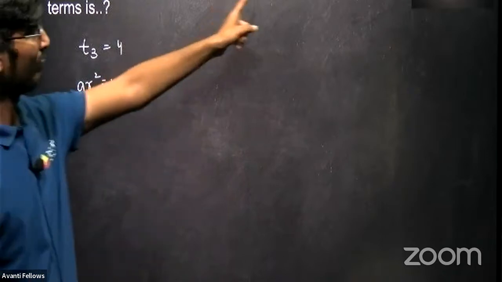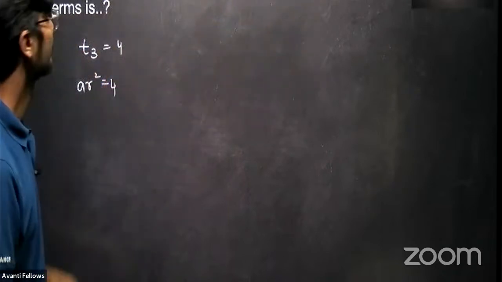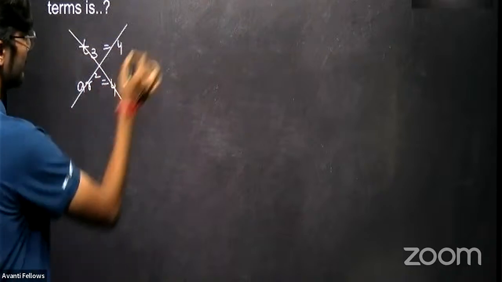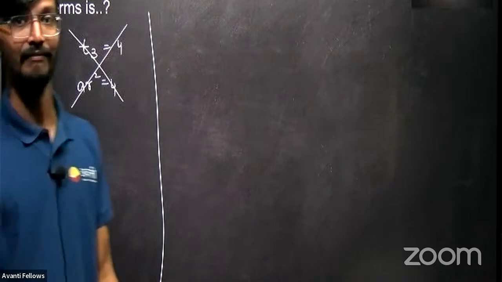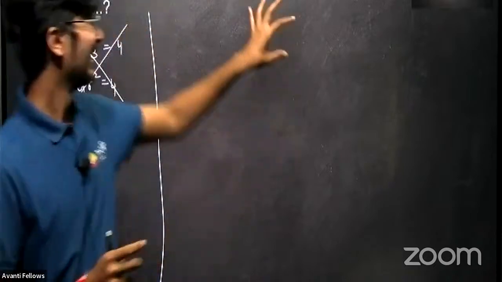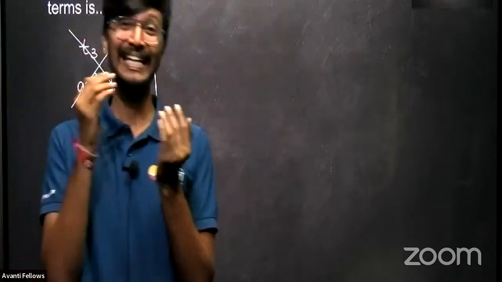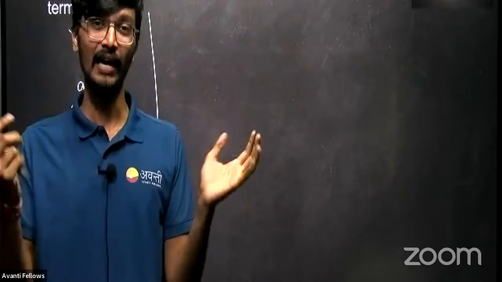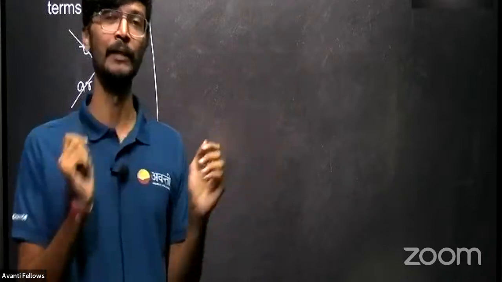The product of the first 5 terms. So I guess we can avoid using this. Why am I avoiding it? Because of the first 5 terms. Similar to AP, we also have a way to assume terms in GP. In AP what was it?